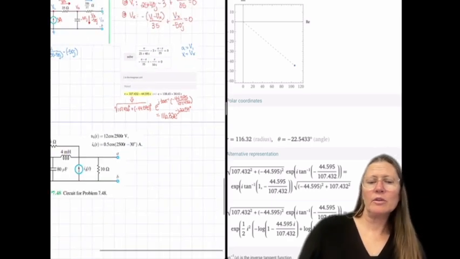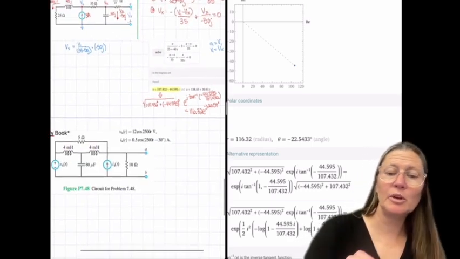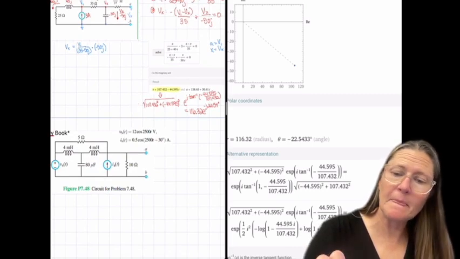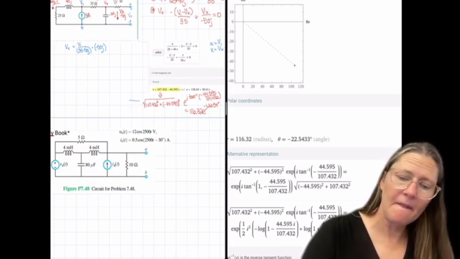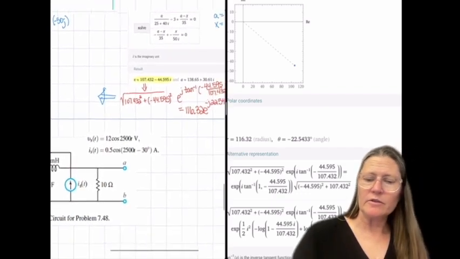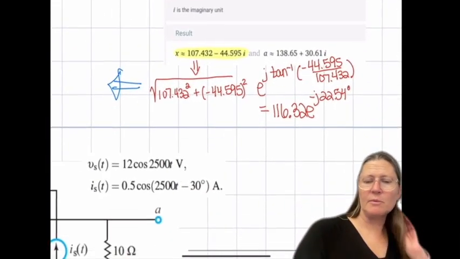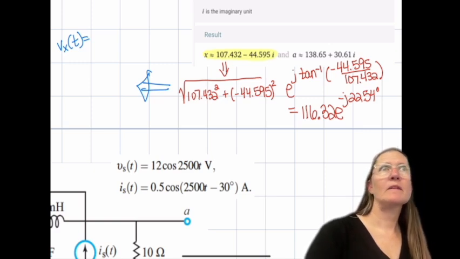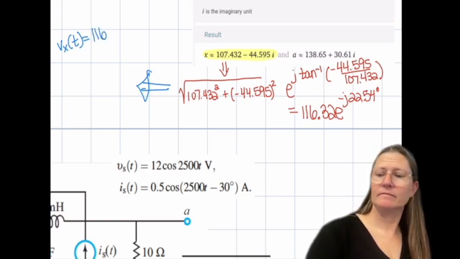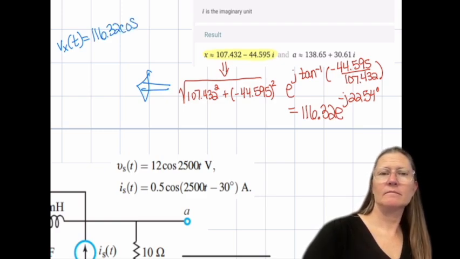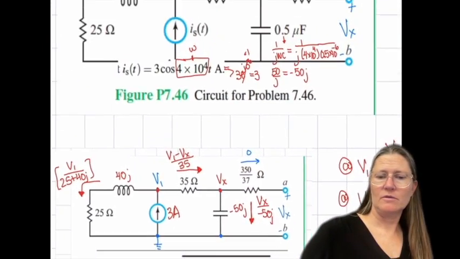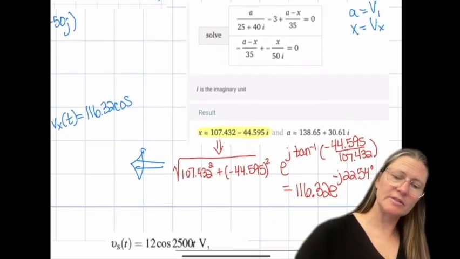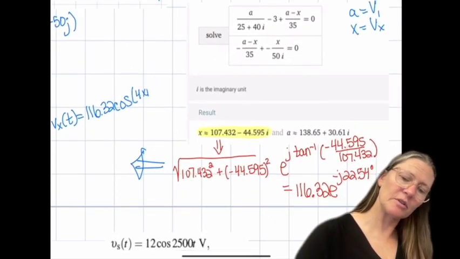So let me go back this way. So what will that be in the time domain? What was omega? 4 times 10 to the 4th.